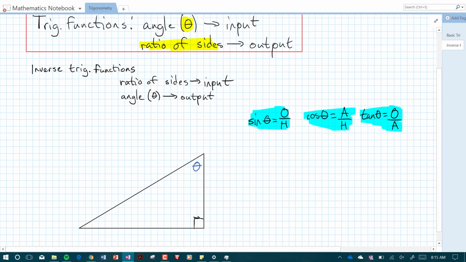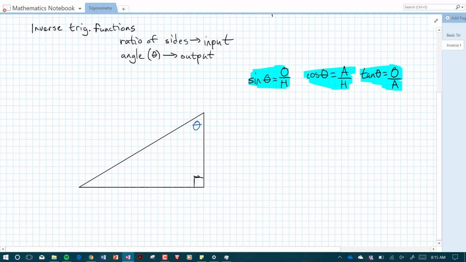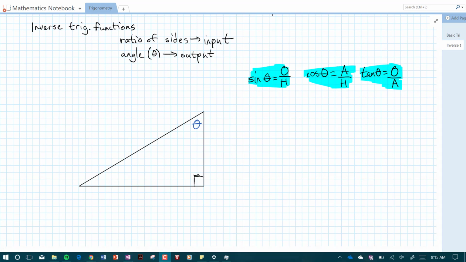So let's take a look at what this means on this triangle down here. On this triangle, I've chosen my top right angle to be theta. Based on my trig functions, the adjacent leg is right here. I'll label that A. The opposite leg is down here. That's going to be O. And the hypotenuse is over here. The trig functions in blue up here still hold. They're still valid.